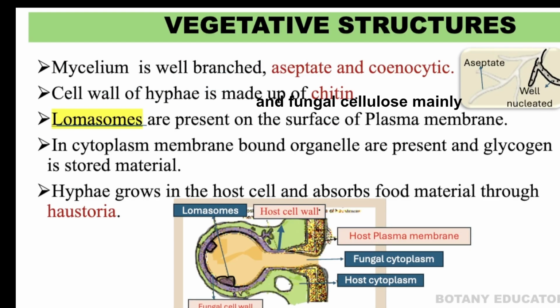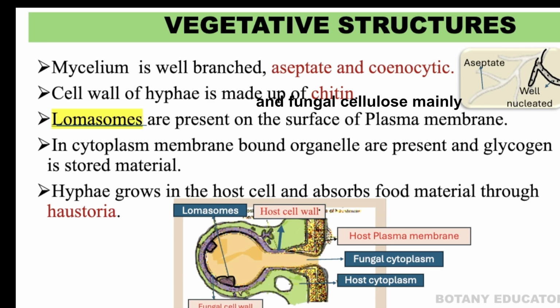Now, if we talk of its vegetative structure, many hyphae will form, and the mycelium is well branched, aseptate, and coenocytic. Means the hyphae will be in a large number, and these many hyphae will form a network like structure.